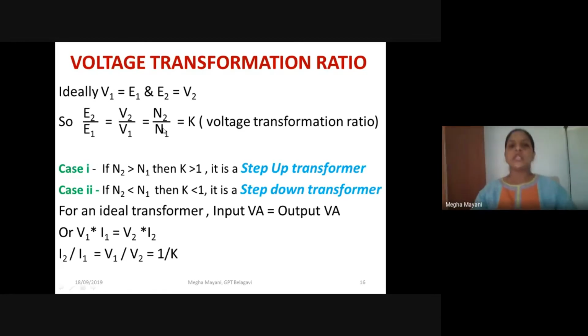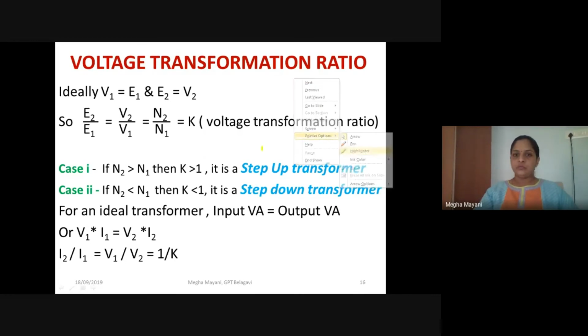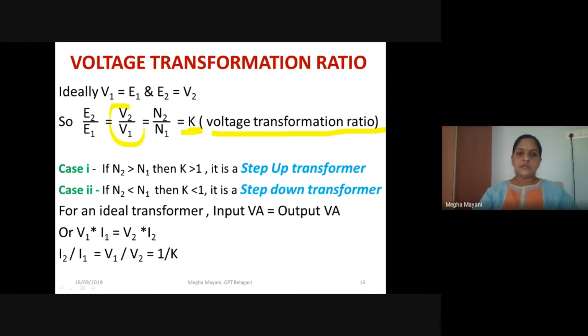It is dependent on the number of turns which are present in the primary and secondary, and which is called as a voltage transformation ratio. So voltage transformation ratio, which is nothing but K, is either defined as the ratio of number of turns, or in terms of the voltages, or in terms of the induced EMFs.